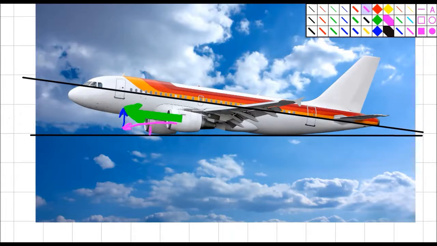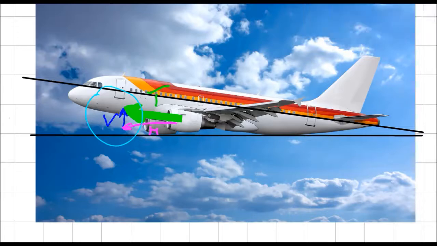I want to call them V and H, vertical and horizontal, for simplicity, while this one is my engine thrust. Now, doesn't this vertical component make the aircraft climb?